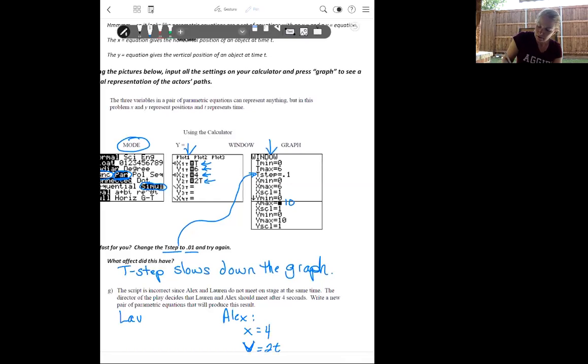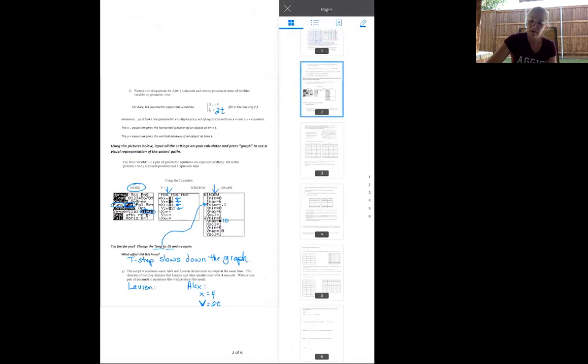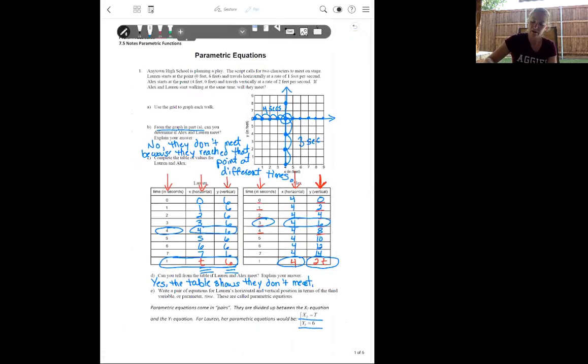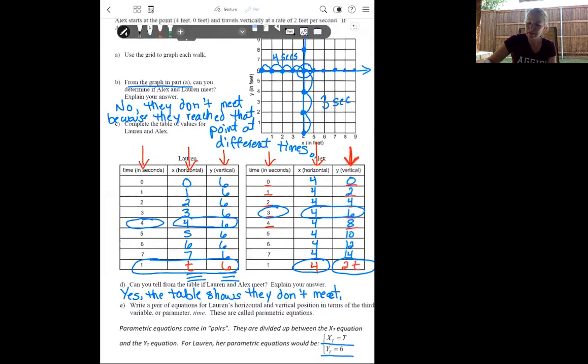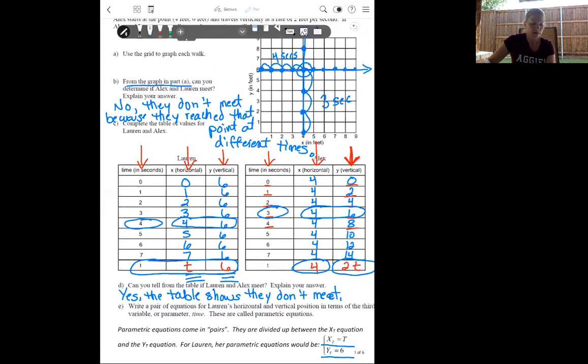Lauren. Her equations, however, we need to change. So if we go back and look at her table of values, I need her to be able to be in the same position as Alex at 4 seconds. So at 4 seconds, Alex is at the position 4, 8.